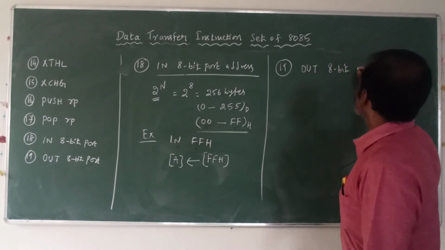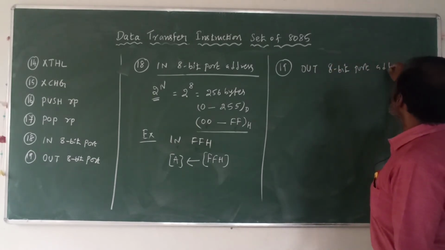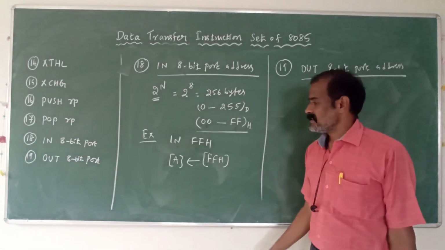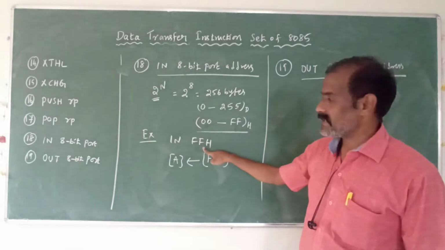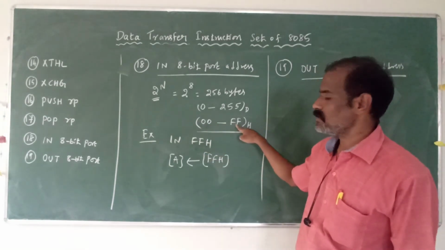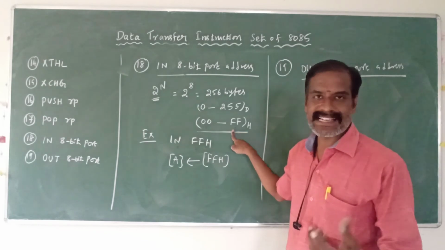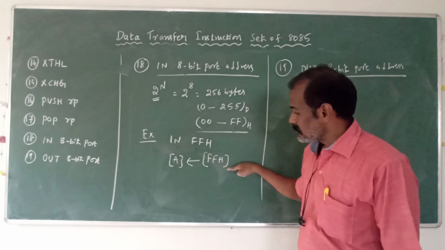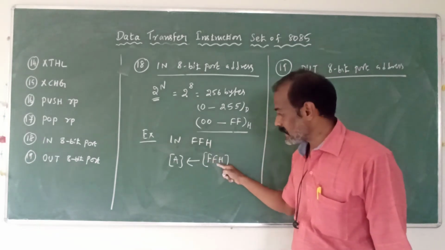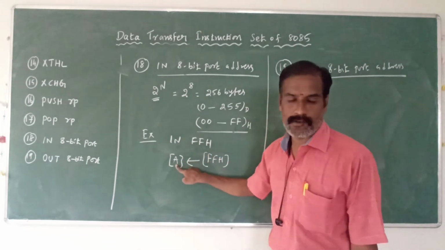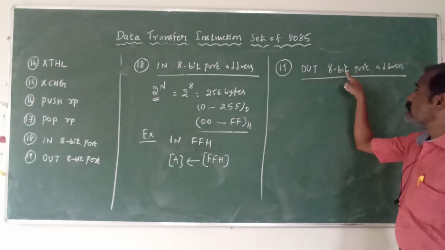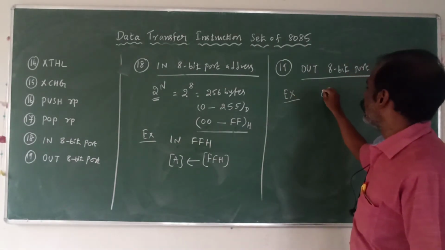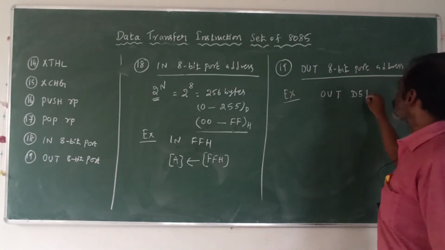Okay. Next one, 19, OUT 8-bit port address. Here 8-bit port address means this is for an 8-bit address. We can give the address 00 to FF according to the hardware circuit diagram. Example, OUT D5H.